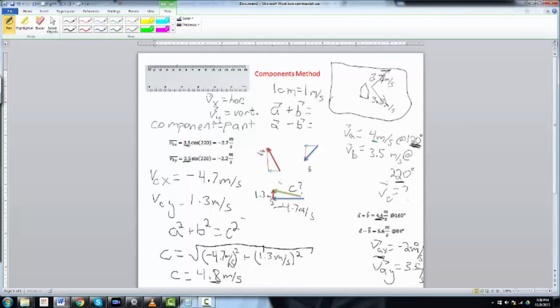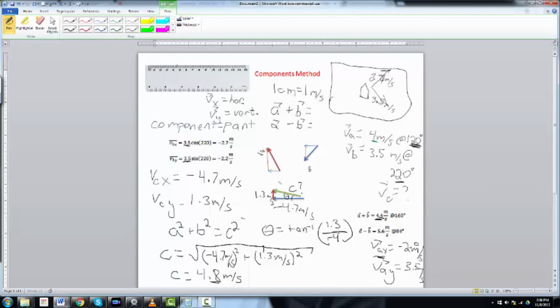But how do I find the direction? The big thing is I'm looking for that angle, right? So how would I find the angle if I know the opposite side and the adjacent side? If you're thinking, well, wait, can't I just use the inverse tangent of my y over x? You're correct, just like we did in class, or hopefully did in class.